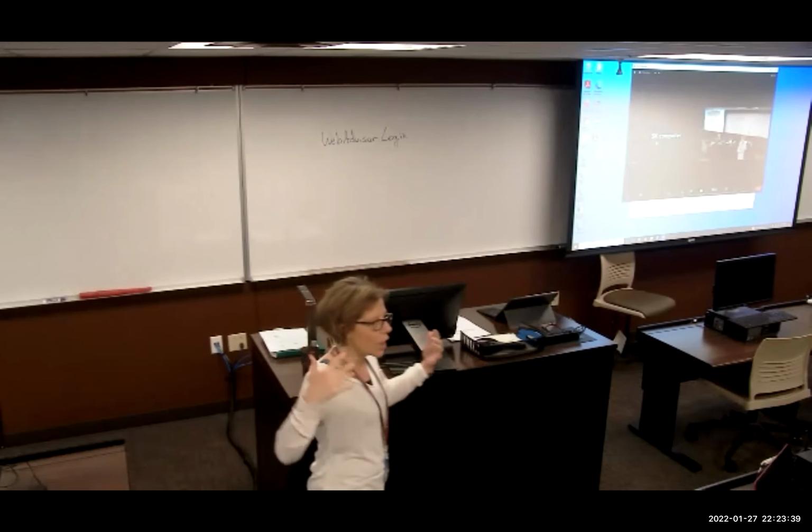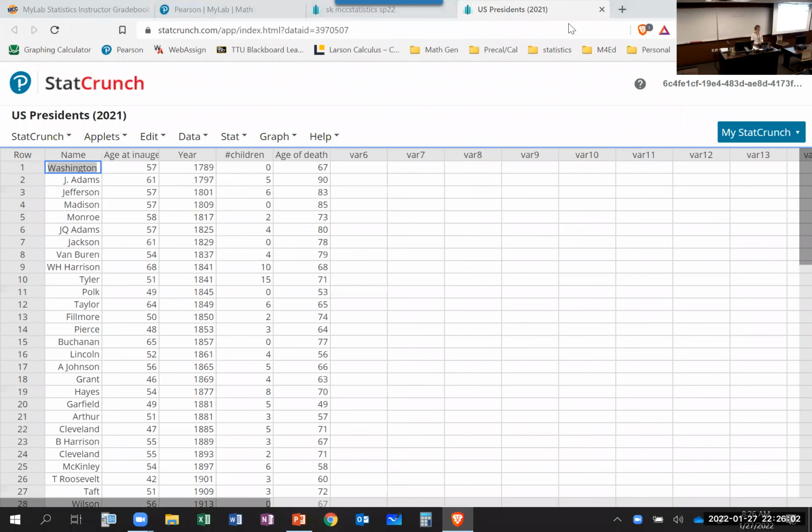Here in StatCrunch, let me open StatCrunch up. I am going to choose the data set for US presidents. Okay, so I have here the data set for US presidents.